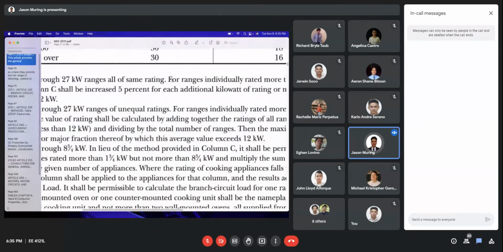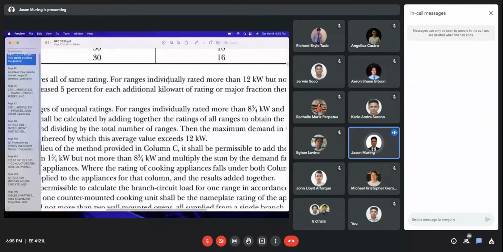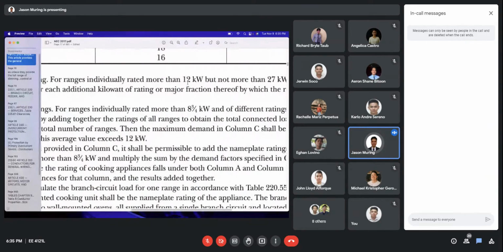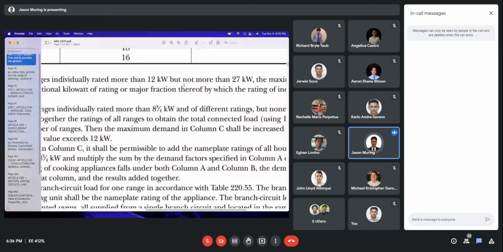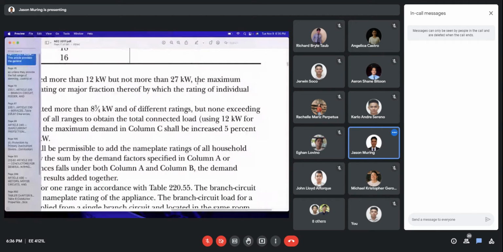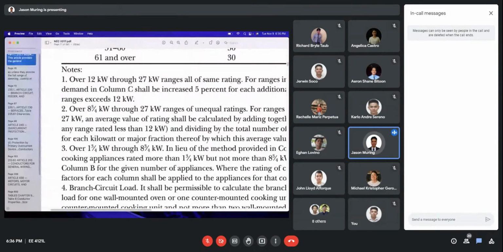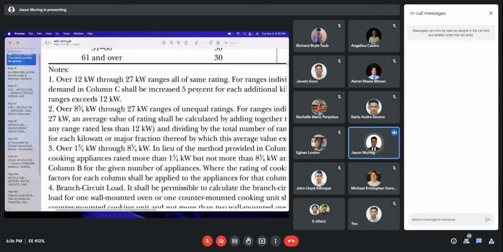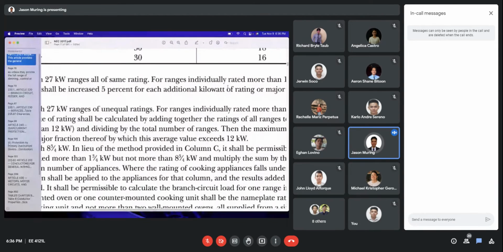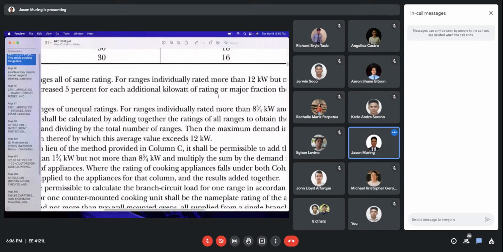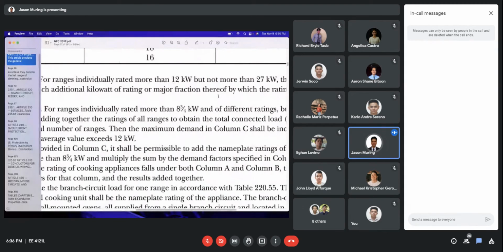Then to apply this note, for ranges individually rated more than 12 kilowatt but not more than 27, since 14 falls within, the maximum demand in column C shall be increased by 5% for each additional kilowatt rating or major fraction thereof.